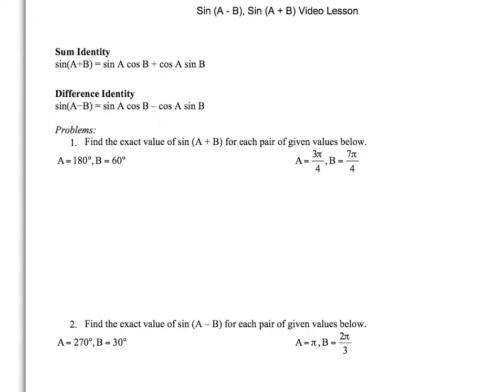The first problem says find sine A plus B for 180 and 60 degrees. So let's plug in. Everywhere we see an A, we're going to put a 180, and everywhere we see a B, we're going to put a 60. So it's going to be sine of 180 plus 60 is equal to sine 180 sine 60. I'm sorry, look at the new formula.